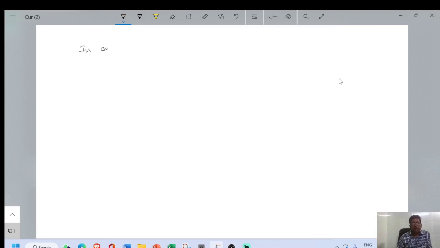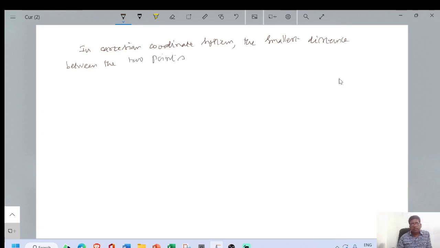In Cartesian coordinate system, the smallest distance between the 2 neighboring points is dr square equal to dx square plus dy square plus dz square.